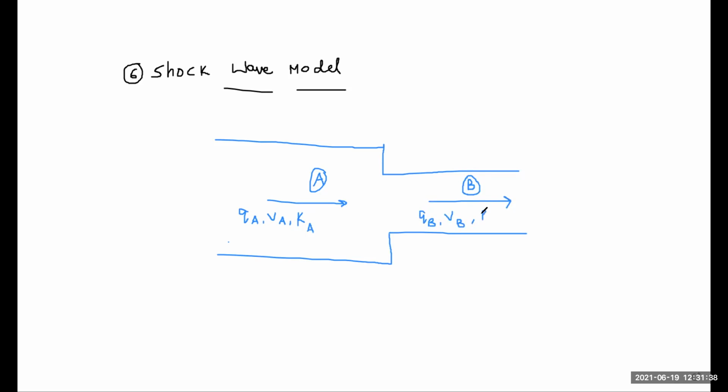So basically KB is our traffic density in this zone, VB is our traffic speed in this zone, and QB is our traffic volume or traffic capacity or traffic flow in zone B. In the same manner, QA is our traffic flow in zone A, VA is traffic speed in zone A, KA is our traffic density in zone A.